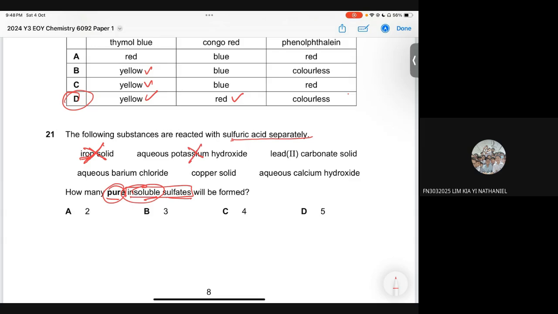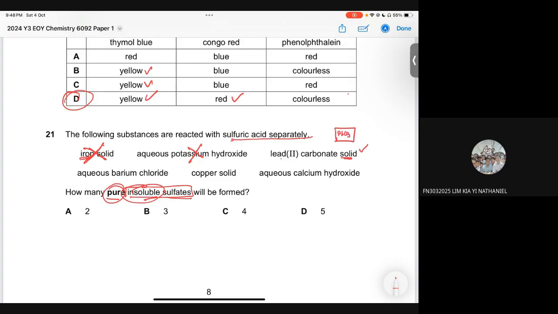Next one, lead 2 carbonate. It will form lead 2 sulfate. So actually this one seems okay. But what you realize is that lead 2 carbonate is a solid, and this is the case where I get a block. Imagine this is my lead 2 carbonate.